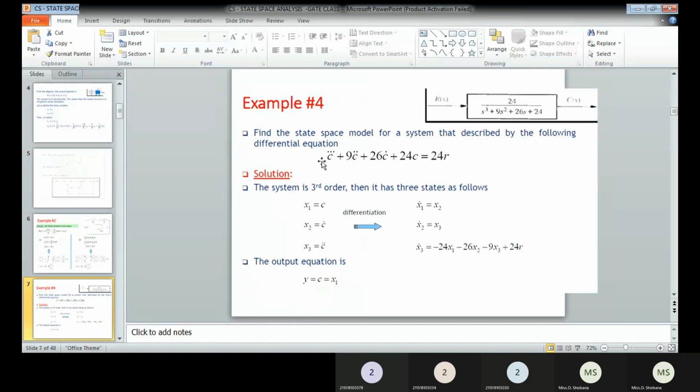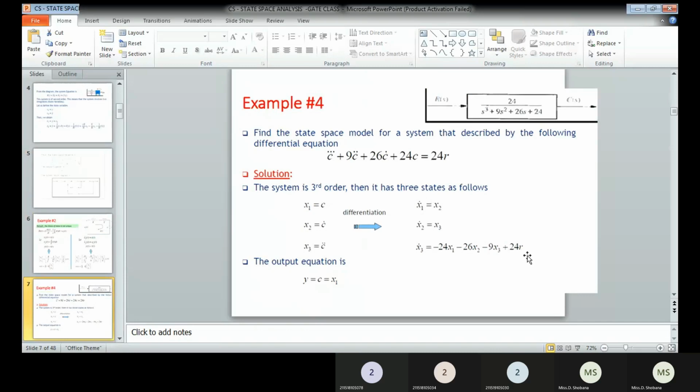But in the differential equation we have a c triple dot. In order to represent that, we can have x3 dot. X3 dot is nothing but c triple dot. Therefore, substitute all the representations into the equation. You can obtain x3 dot. X3 dot is nothing but 24 into U, so that is the input. R is nothing but the input.